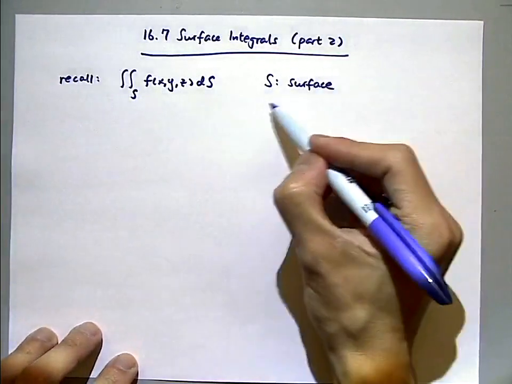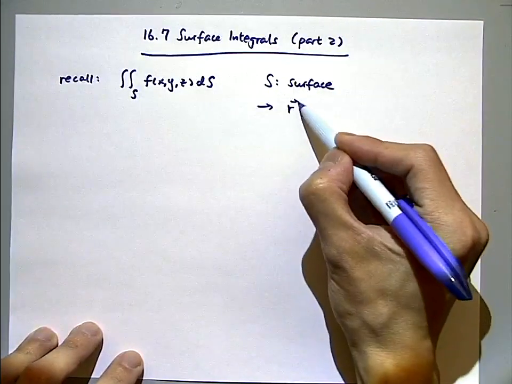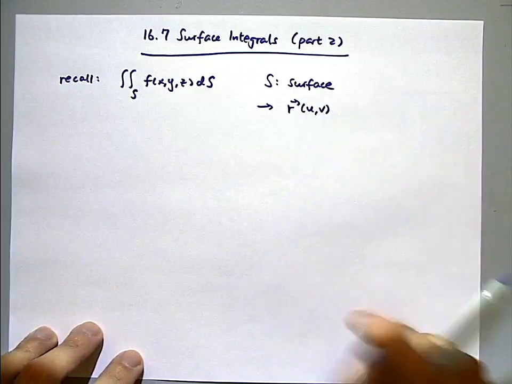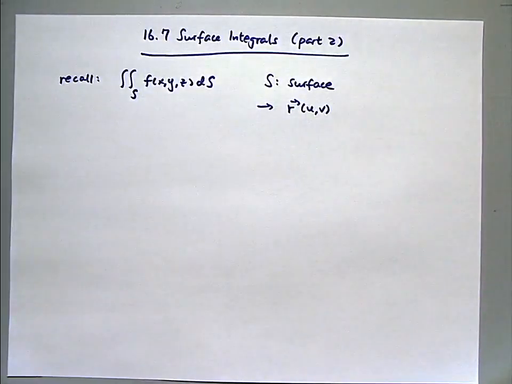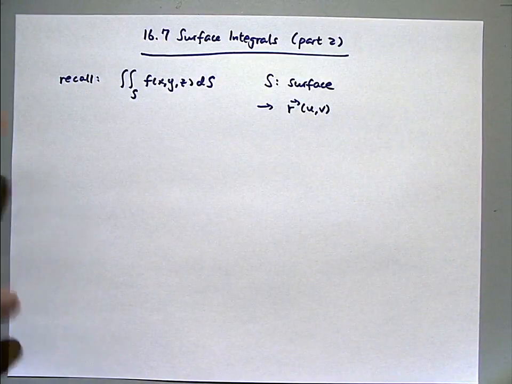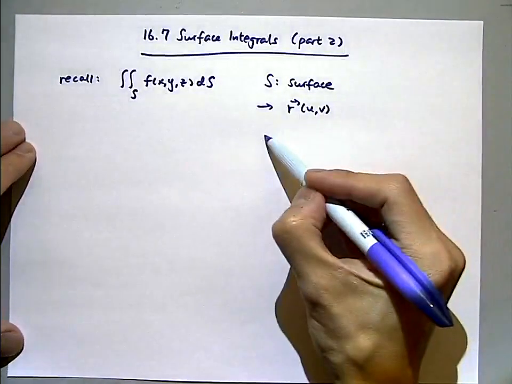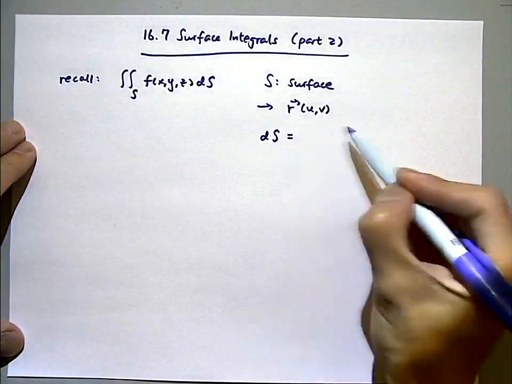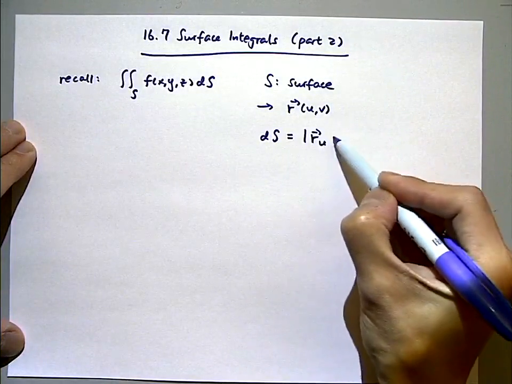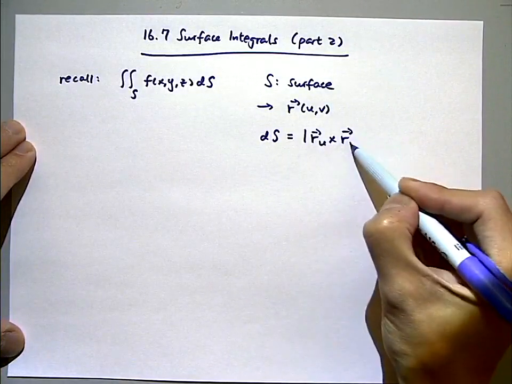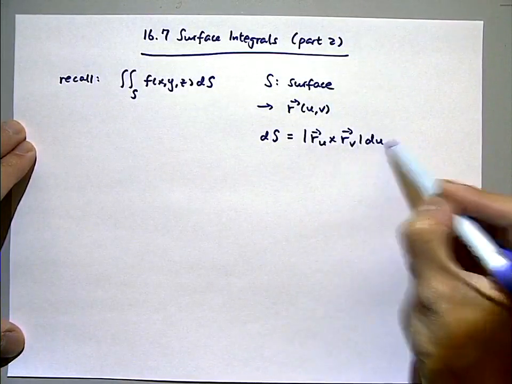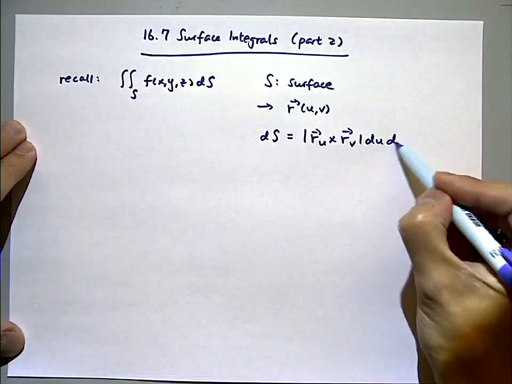And we're going to parameterize that into some kind of parametric surface as a function of u and v, whatever u and v are. And then remember that this dS is equivalent to the magnitude of ru cross rv, du dv.